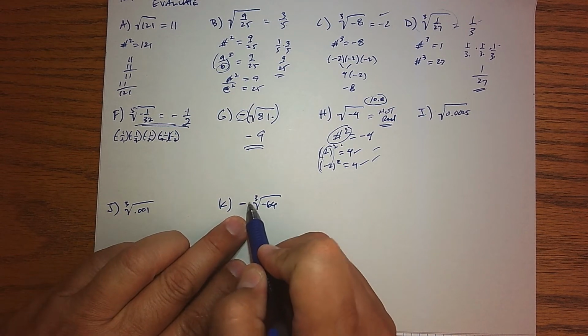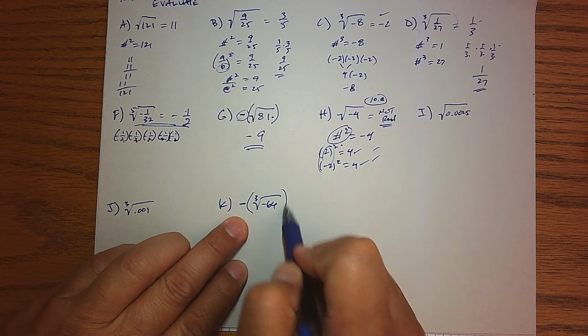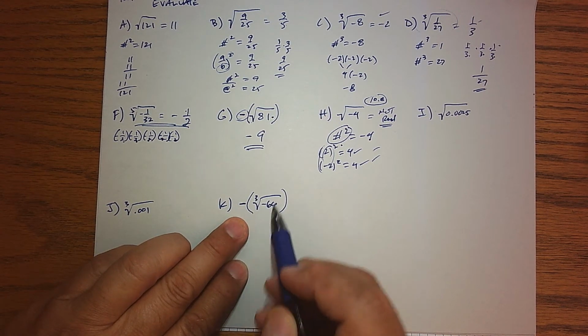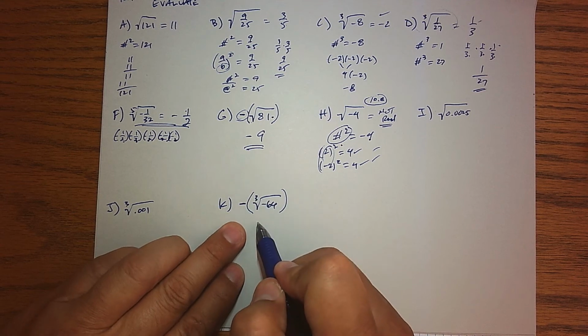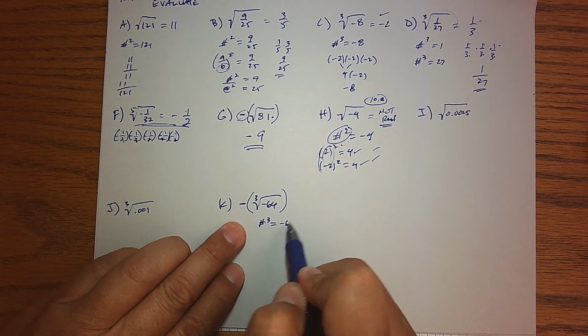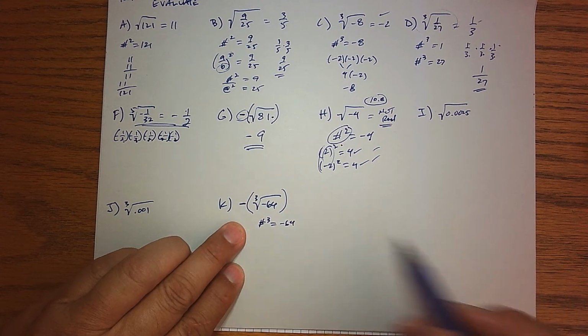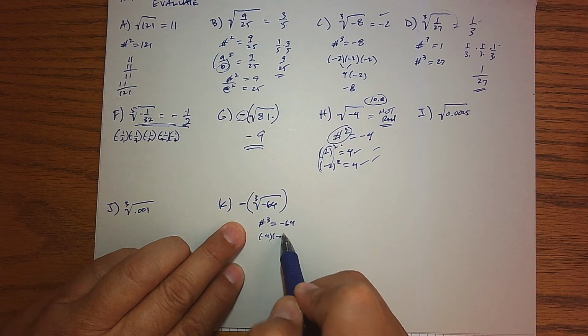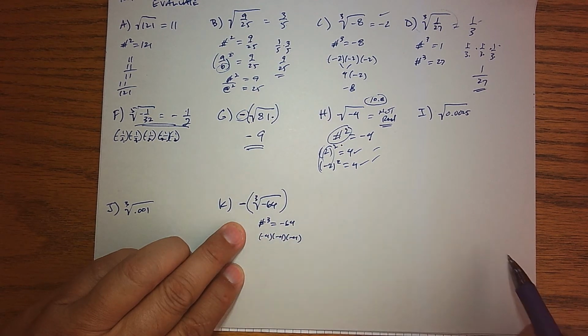So again, this negative we have to first apply to what's in this cube root of negative 64. So what number can I raise to the third power and get negative 64? If we put our thinking caps on, that number is in fact negative 4.